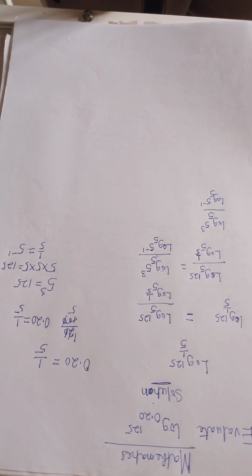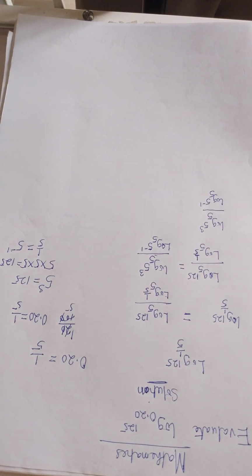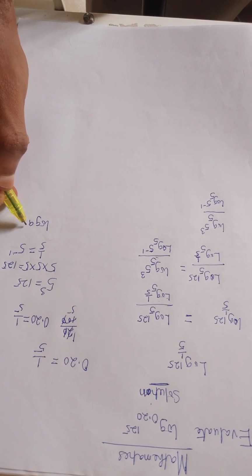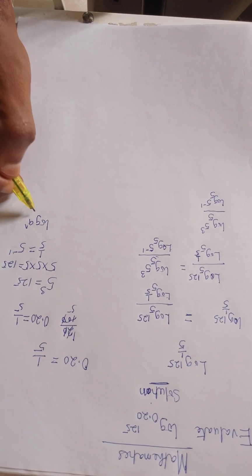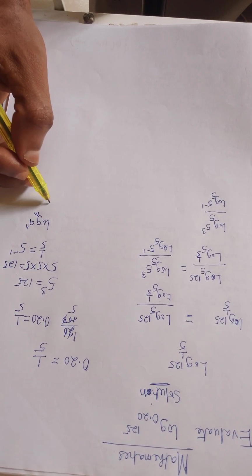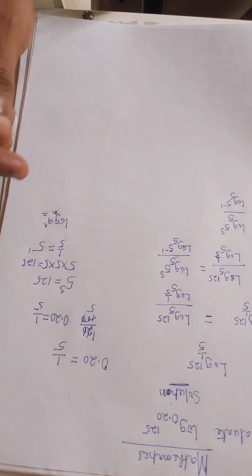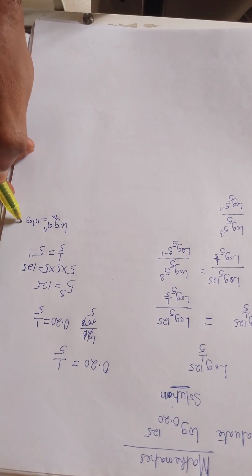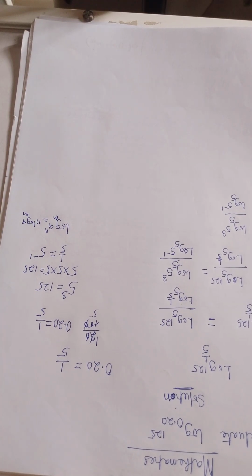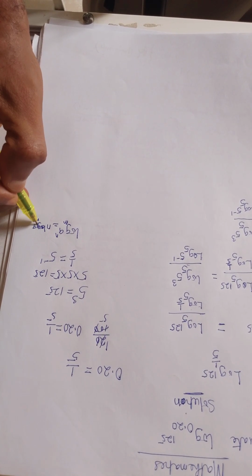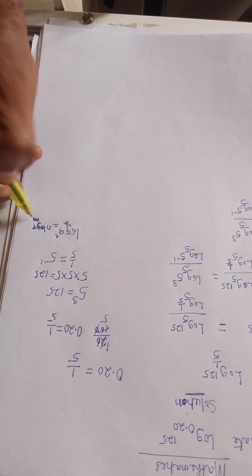We know that the power rule of logarithm states that log of a raised to power n, base m, is equal to n log a base m.